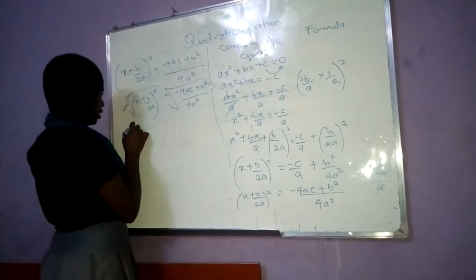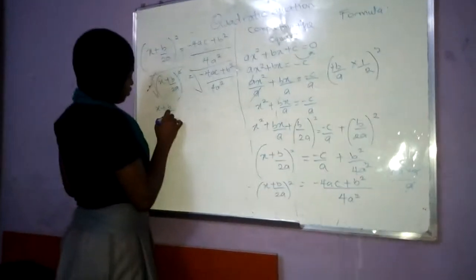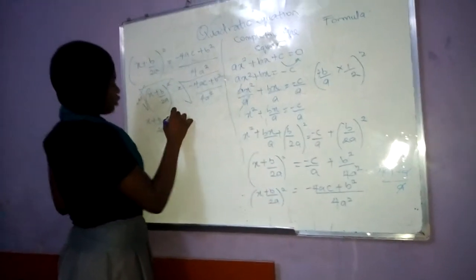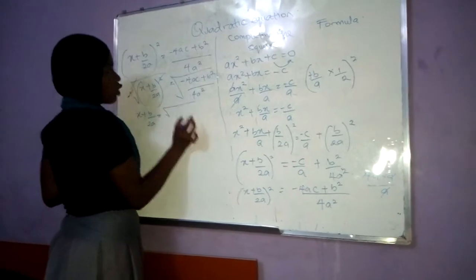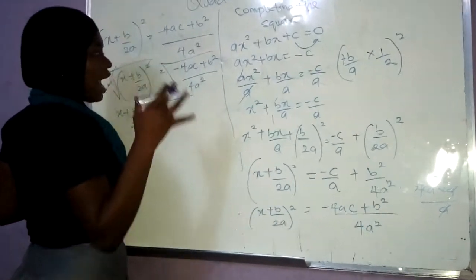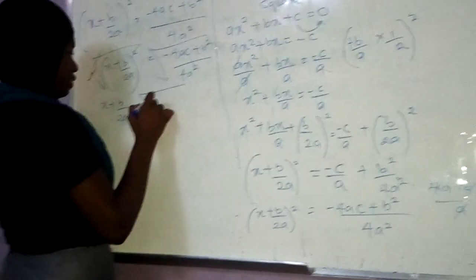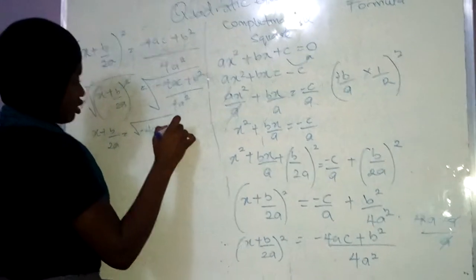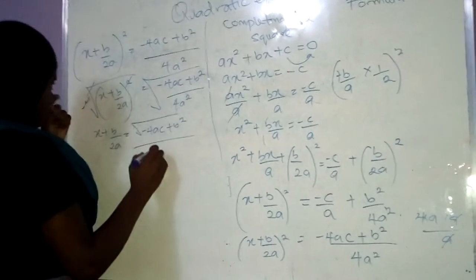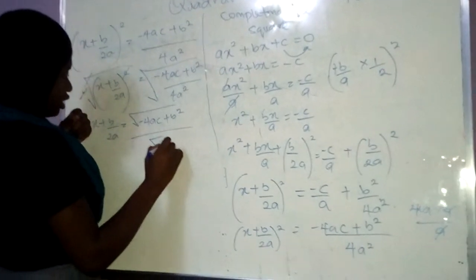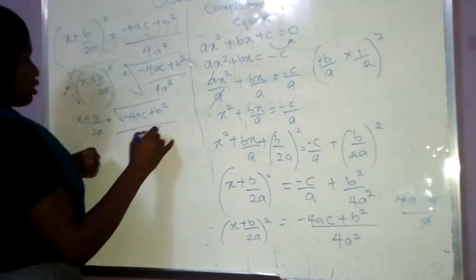If it's division, you can split the square root, but if it's addition, you cannot split it, no matter what. Over 4a squared. So this one too cancels.